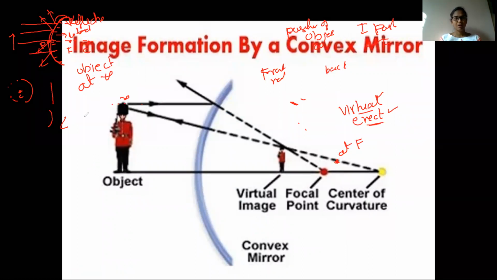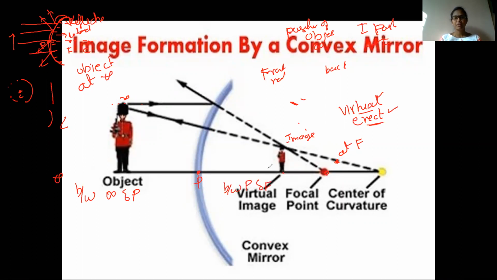When you place your object anywhere between infinity and the pole, in front of the mirror, where will you get the image? You will get the image between the pole and the focus.